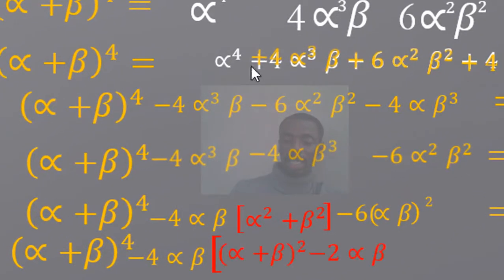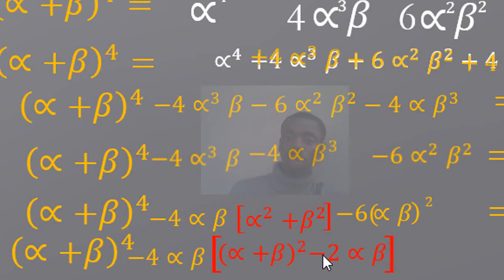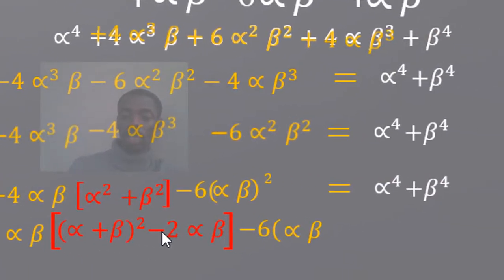This value, remember the very first work we did, will be giving me alpha plus beta squared minus 2 alpha beta. Please close the brackets. The very first work we did in Unit 3B, we got this. You shouldn't forget if you are following this series well. So this minus 6 alpha beta squared equals what you have on the right hand side.